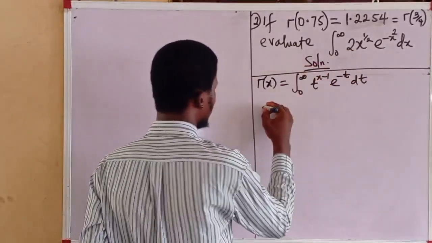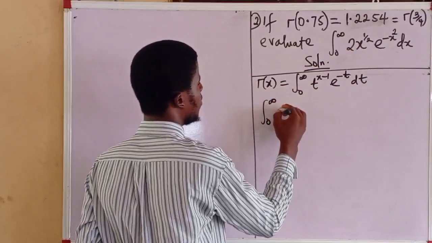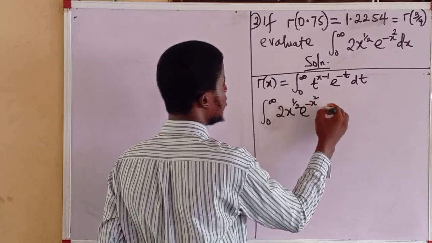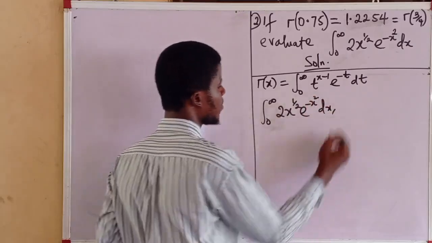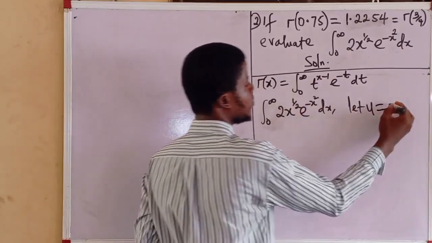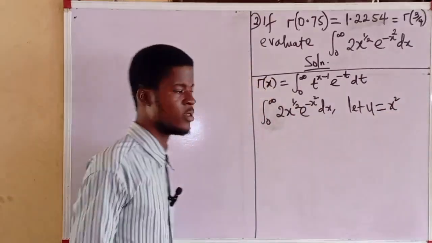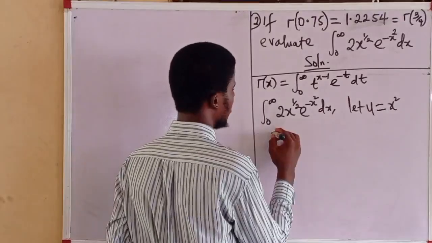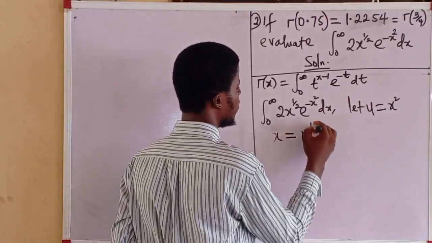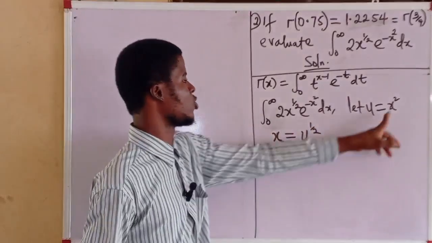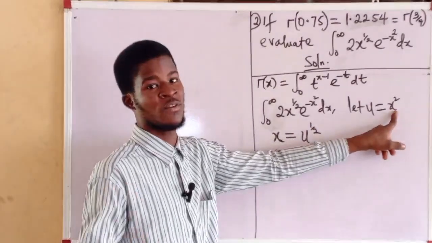So for this integral, from 0 to infinity of 2x to the power of 1 half e to the power of minus x squared dx, I'll say let u be equal to x squared. That's it. Making x the subject of the formula, x is equal to u to the power of 1 over 2, by taking the square root of both sides.